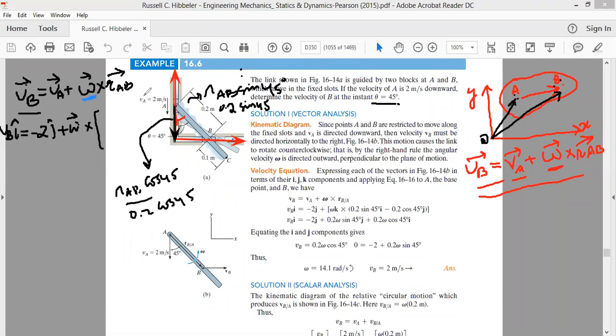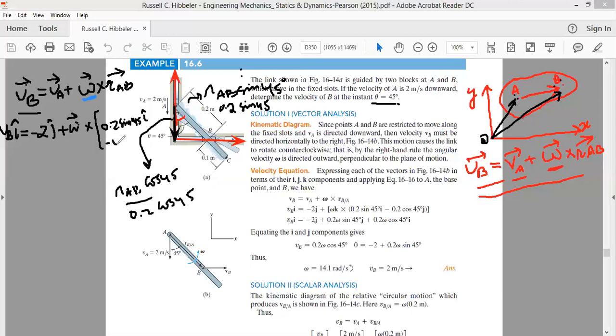Okay, so RAB can be written as RAB is having two components. One component is along x-axis, that component is 0.2 sine of 45 i cap, and its other component is along negative y-axis, that can be written as minus 0.2 cos of 45 j cap.